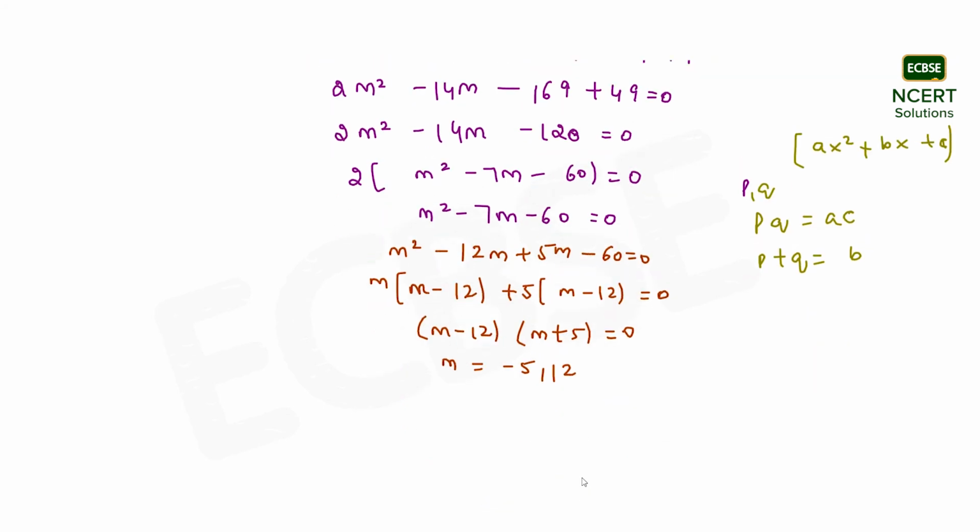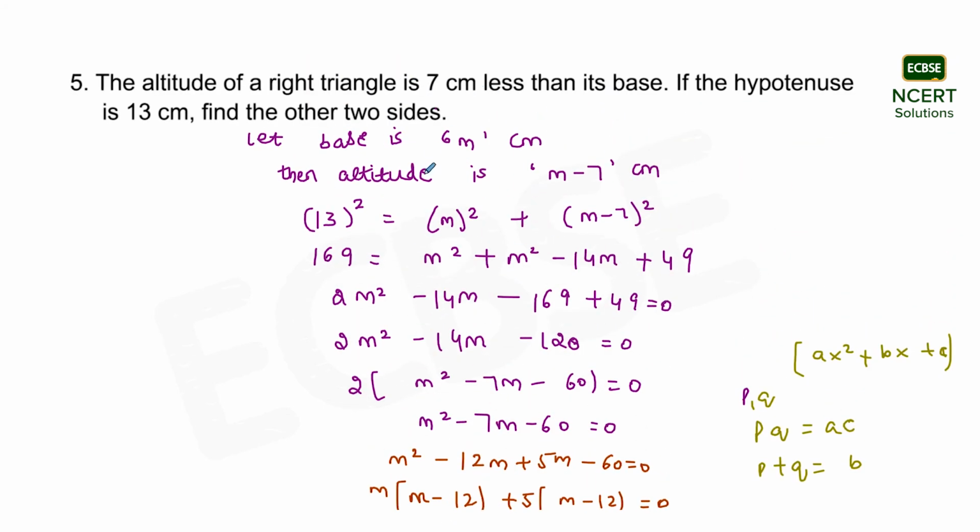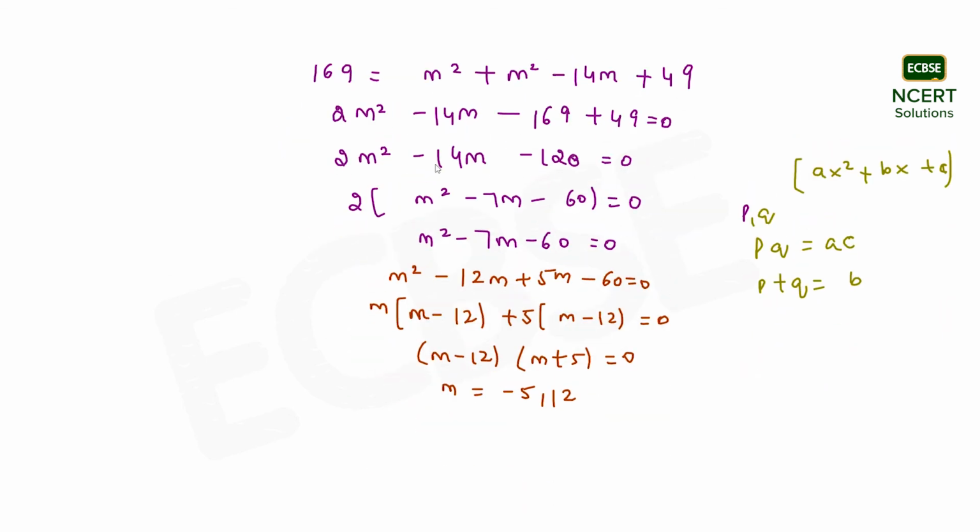Right? Means what was m? Base. That is, the base of the right triangle can be minus 5 or plus 12. But as we know, the length is a positive quantity. It can never have a negative value. So we will only be using the solution m is equal to 12 for this situation, because the length is a positive quantity.